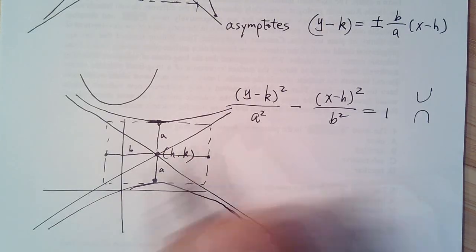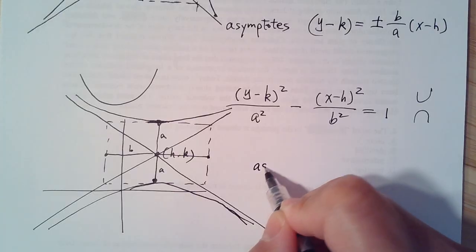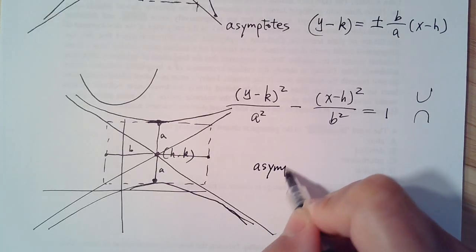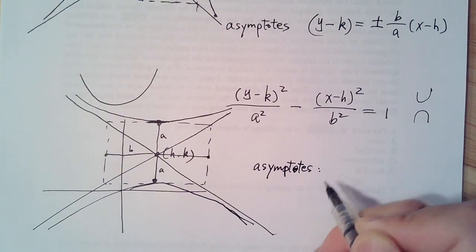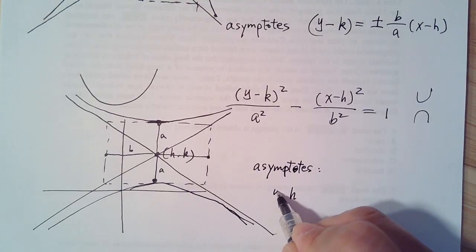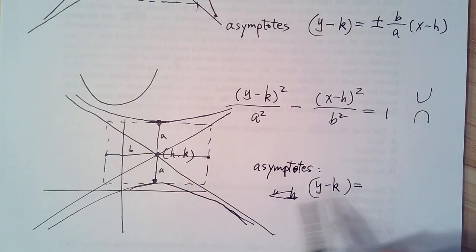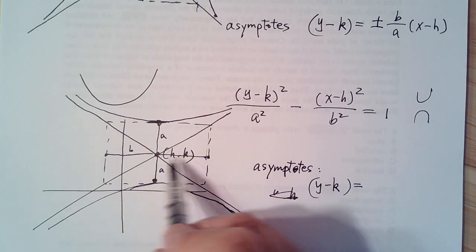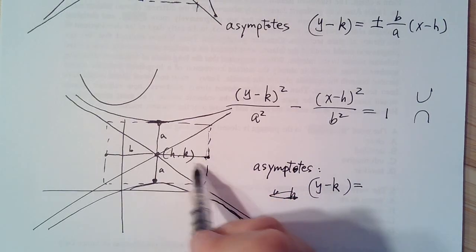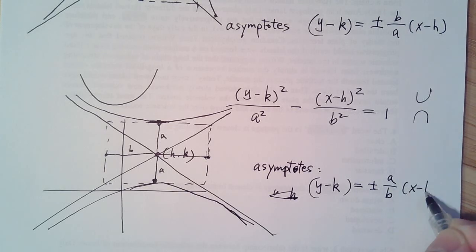All right, now what are the asymptotes? The equation of the asymptotes is y minus k equals... so what is the slope? Slope is rise over run. The rise is a, run is b. Therefore, it's plus or minus a over b times (x minus h).